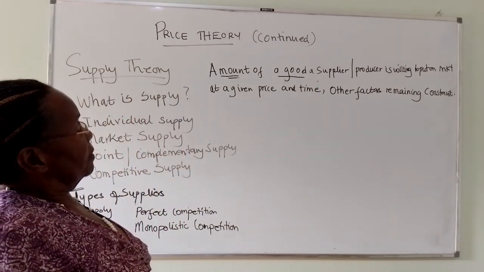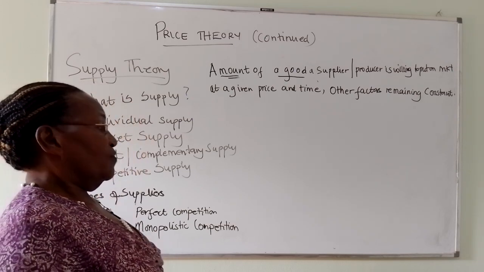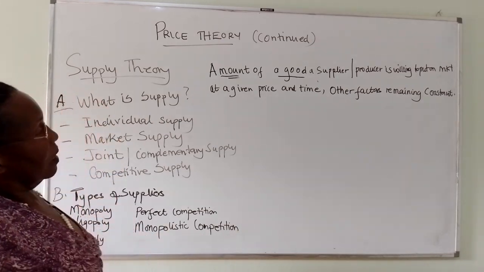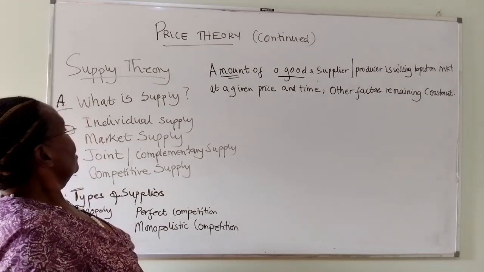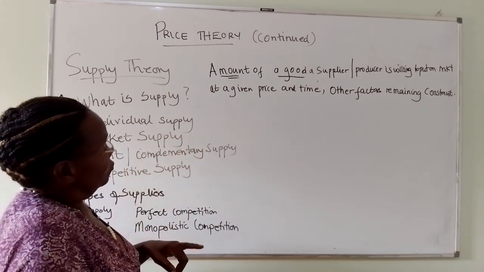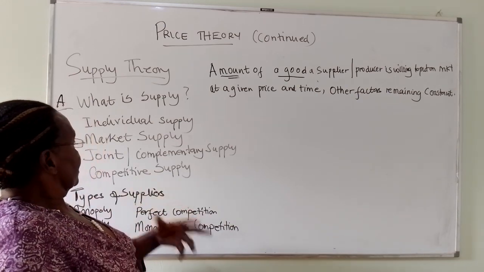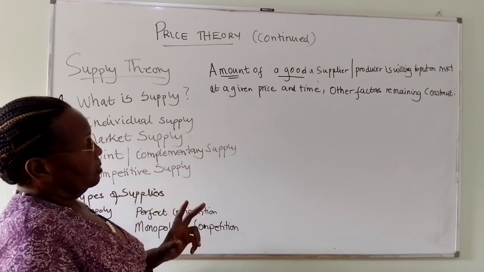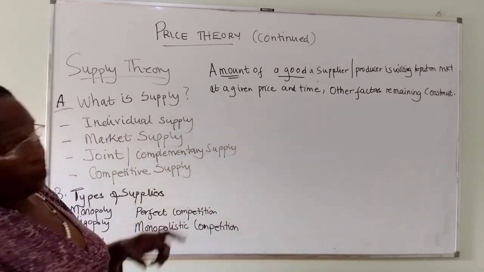How much can you supply at a given time and at a given price? Individuals are free to engage in production, as we have seen in the capitalist economy or free enterprise economy, also known as the market economy. So where individuals own resources, they can engage in the production of a good and supply it at a given price and time. So that quantity supplied by an individual of that particular good at a given price and time is what we call individual supply.